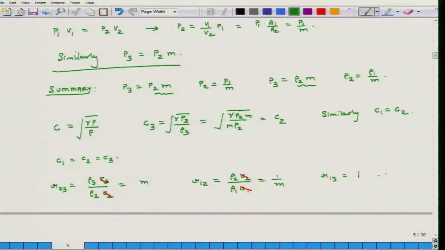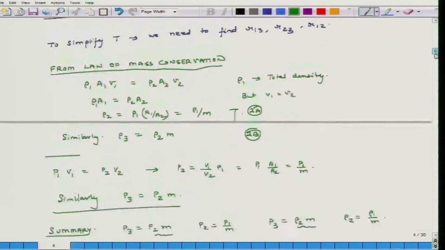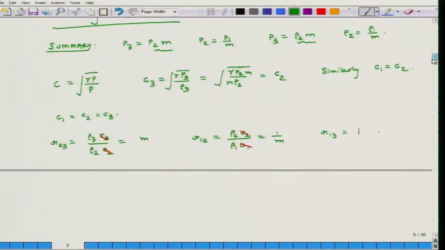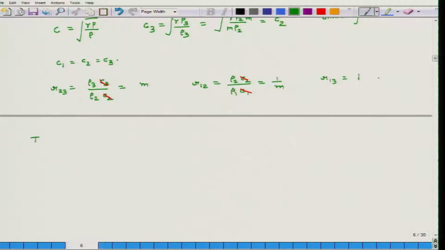We will plug these relationships into our expression for T, which is here, and compute the transmission coefficient. I will first write that expression again and then plug in those values.